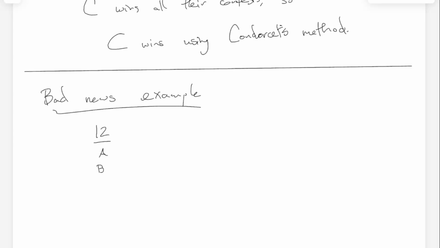But let's say 12 people vote for ABC. 8 people said BCA. 7 people said CAB, and 2 people said BAC. All right, find the winner using Condorcet's method. See what you think.